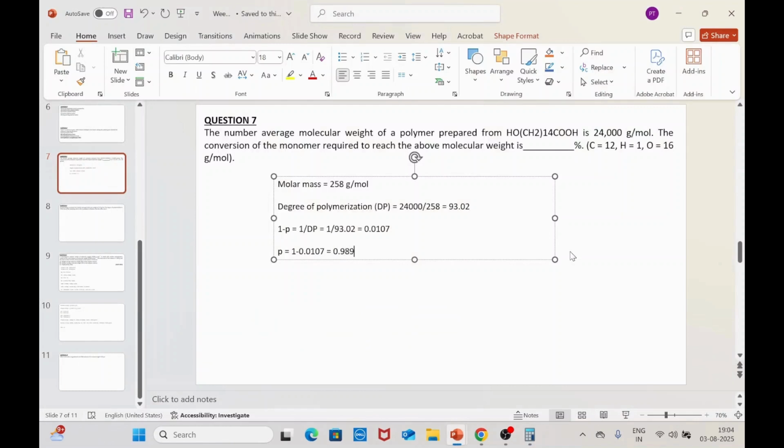So if you take it in the form of percentage, it should be 98.93 percent. But is this right? In this entire process, there is an error actually.